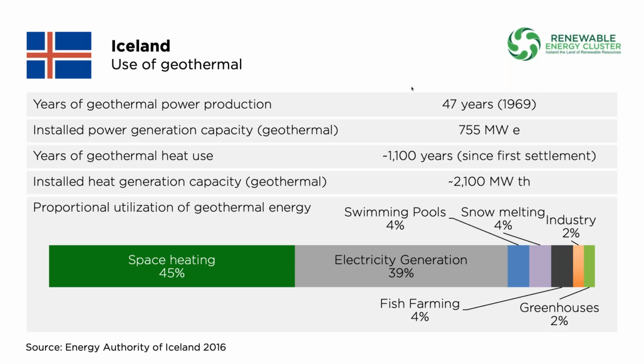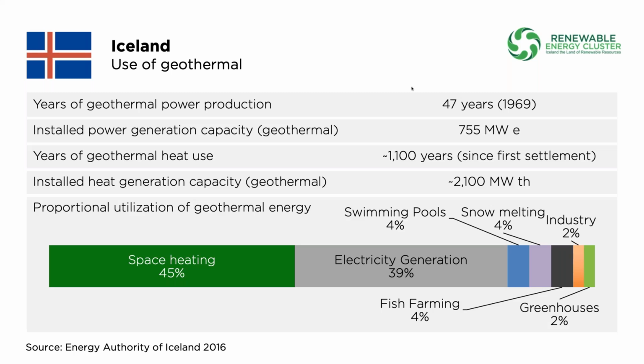So we jokingly say that geothermal has been used in Iceland over the last 1,000 years. But if you look at the installed heat generation capacity in geothermal, it's around 2,100 megawatt thermal. So it shows you that this is much larger than electricity production.